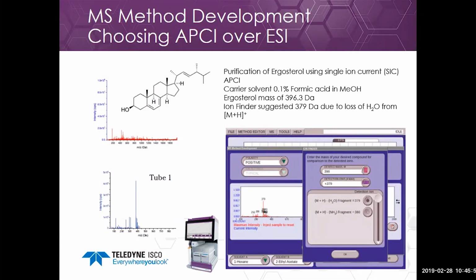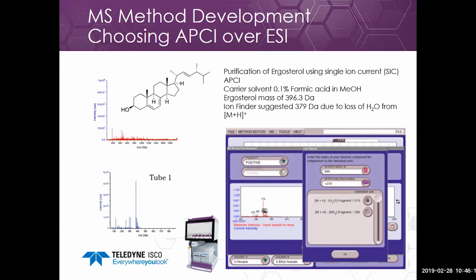We took advantage of using our ion finder feature on the method development screen by looking at the desired mass and then comparing that to the detected ions or potential detected ions based on fragmentation. So the mass here is 396.3. Ion finder actually suggests using 379 due to loss of water from the fragment.